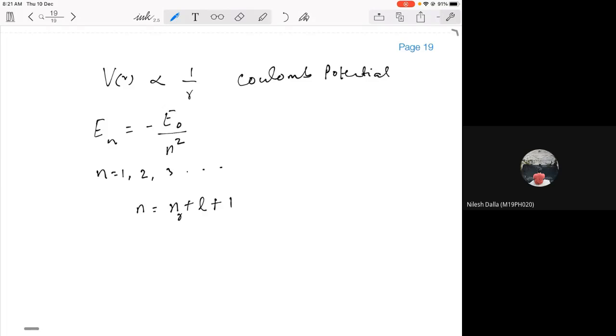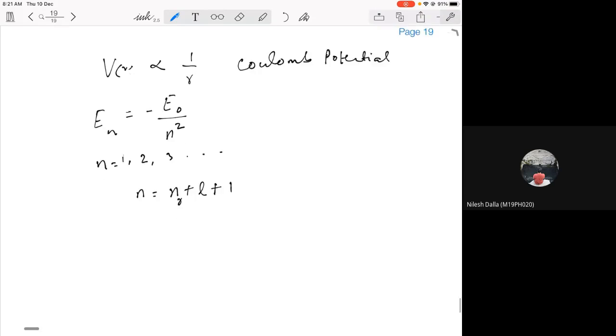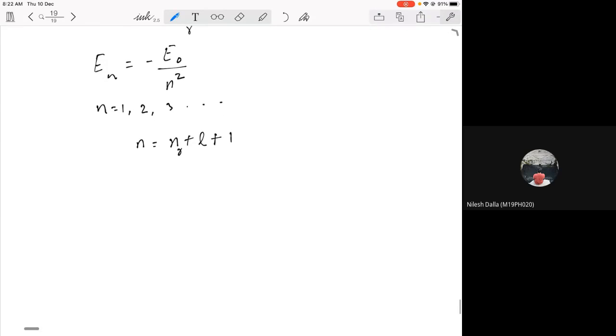This is your value of the integer n, 1, 2, 3, and so on. Now nr will be equal to 0, 1, 2, so it is a non-negative integer.